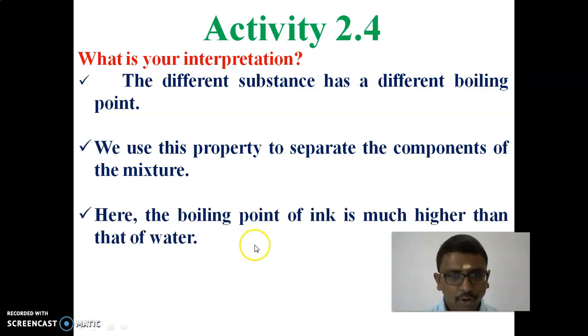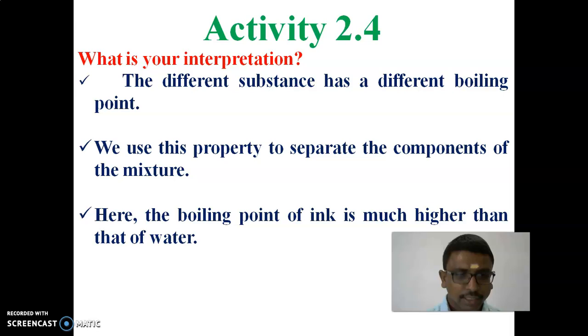And here the boiling point of ink is much higher than that of water. So we have to heat the two components, one is water and another one is ink.